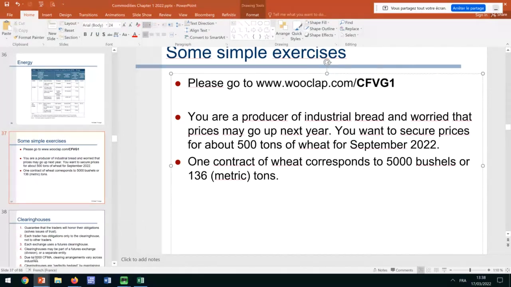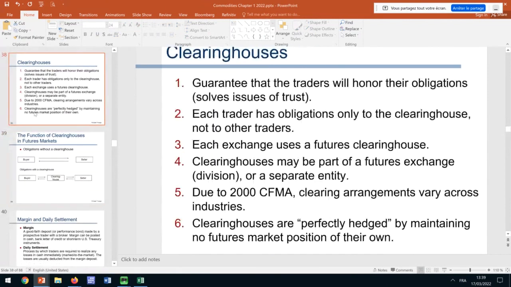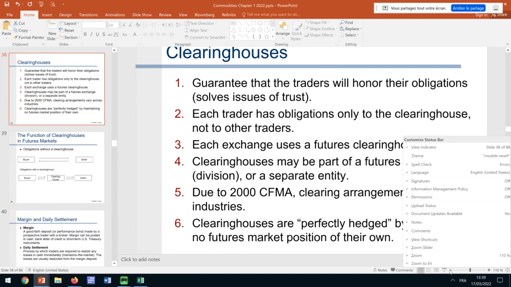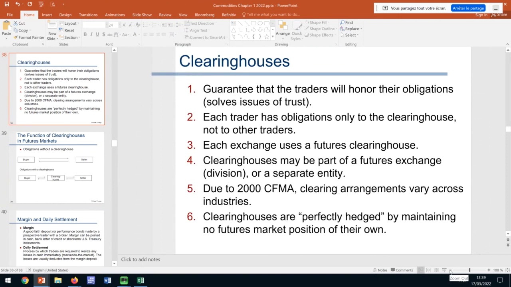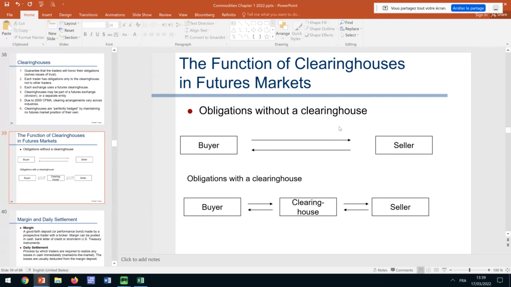Now we have to go into more details about the technicalities of these futures trades, and in particular, we have to talk about clearinghouses. The clearinghouse is the part of the futures exchange that makes sure that you will not default and that your counterparty will not default. If you compare a forward transaction to a futures transaction, the difference is quite simple.